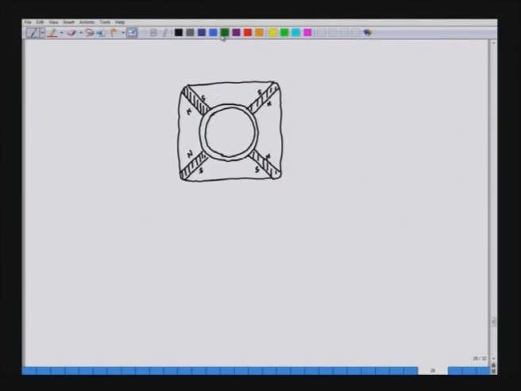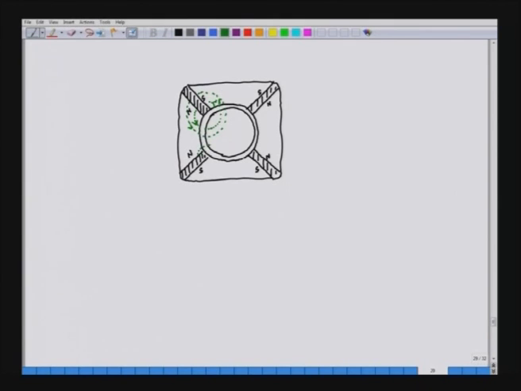We can see the flux lines. The flux lines will be like this, where here is a magnet. So, we have a north pole, and flux lines will be coming out of the north pole and entering the south pole, like this. Then we can have another flux line coming out of this magnet, entering here.